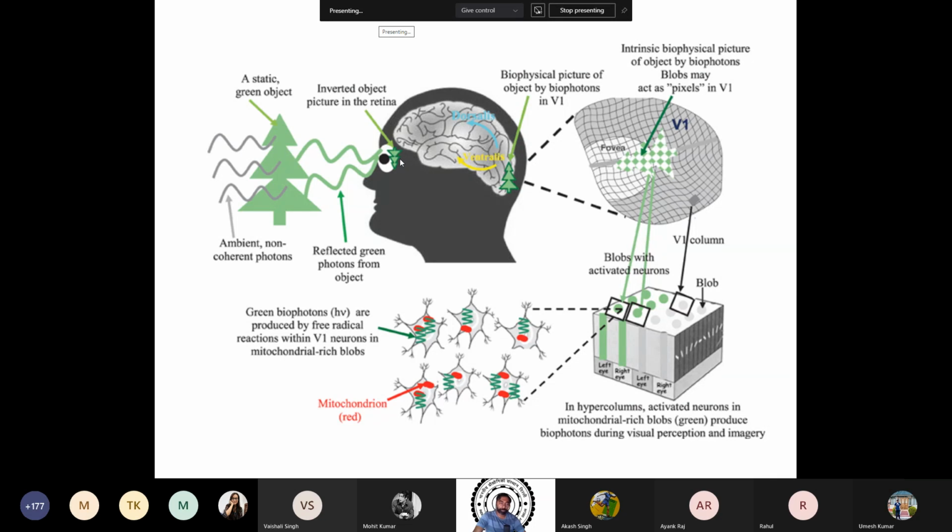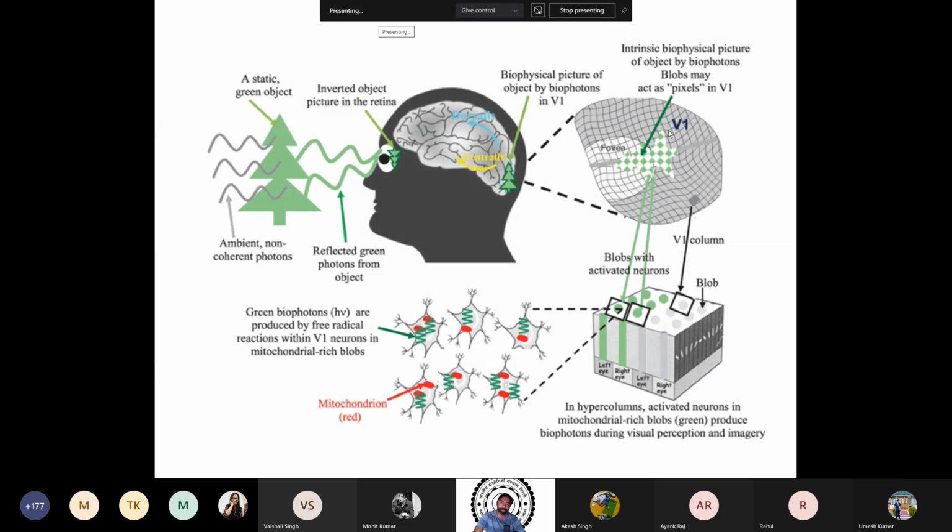The optic nerve links the retinal wall to this area, which is called the V1 area, which is for visual processing. Here this is zoomed in. Here you see that you have a biophysical picture of objects by biophotons. These are called biophotons because essentially this is the first level, which is transducing photonic activity into neural activity.